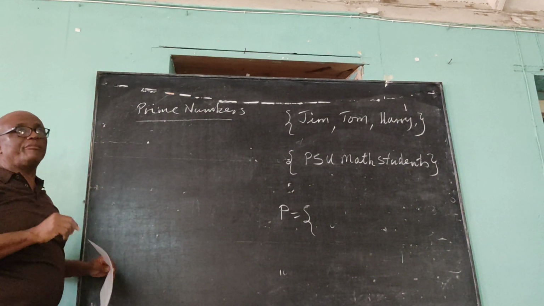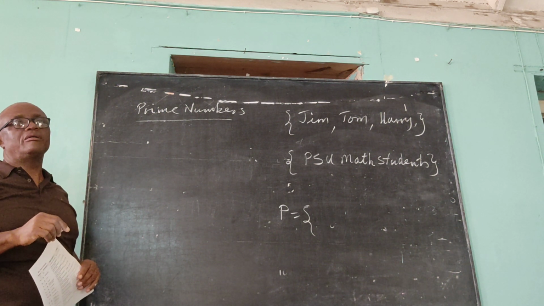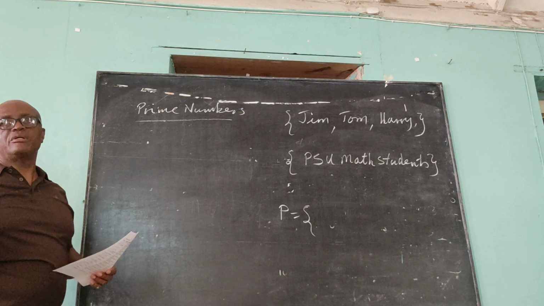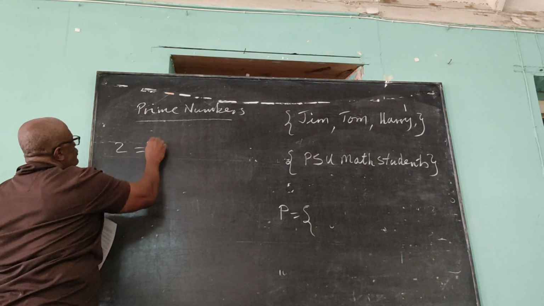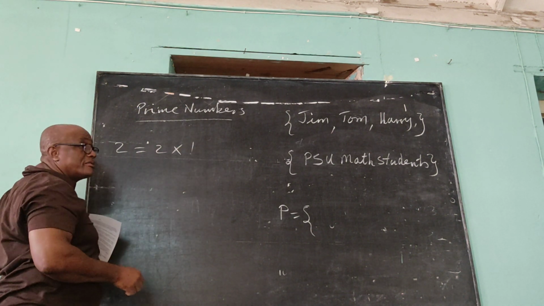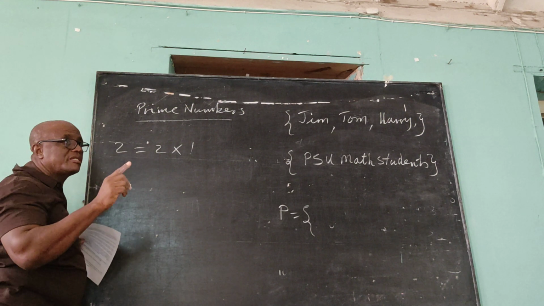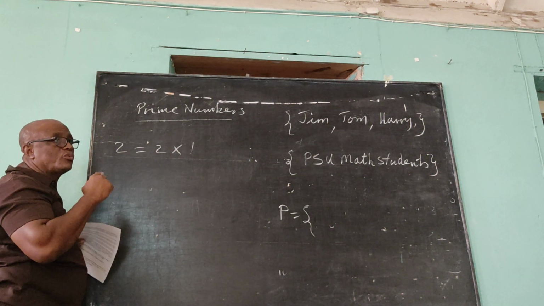What is the first prime number? Is 1 a prime number? How many factors does 1 have? 1. So it's not a prime number. So 2, the factors of 2 are 2 times 1, right? We just said 1 is not a prime number, so the first prime number is 2.